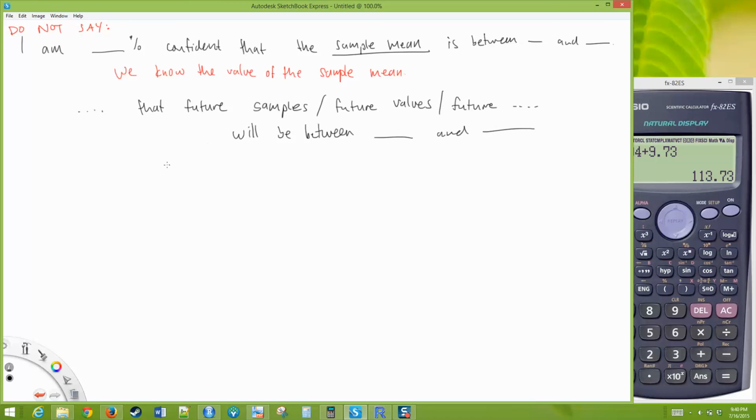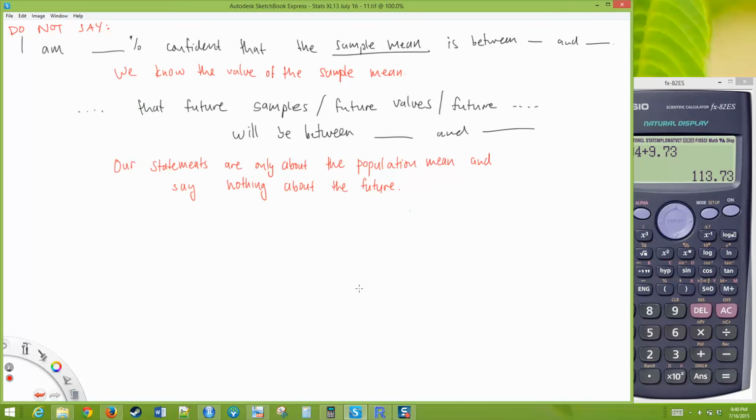Our statements are only about the population mean, nothing about the future. And say nothing, okay.